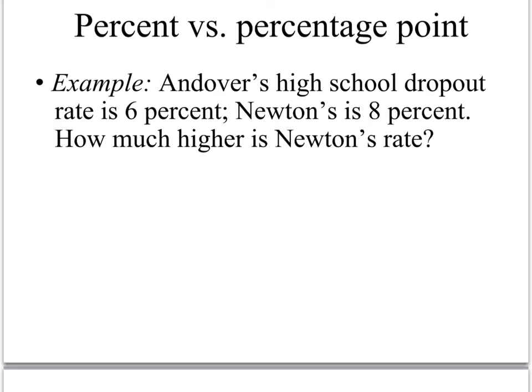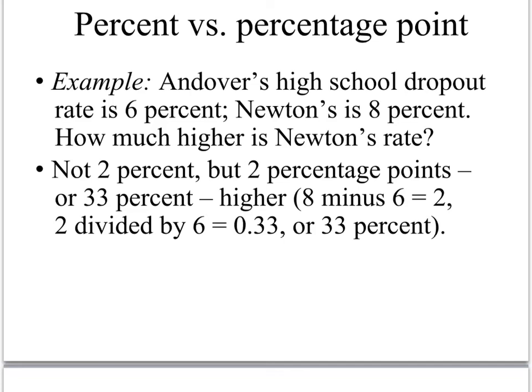Here's another example. If we've got a dropout rate in Andover at 6% and a dropout rate in Newton at 8%, how much more is Newton's rate? Again, it's tempting to say, well, Newton has a dropout rate that's 2% higher than Andover. It's not 2% higher, it's 2 percentage points higher.